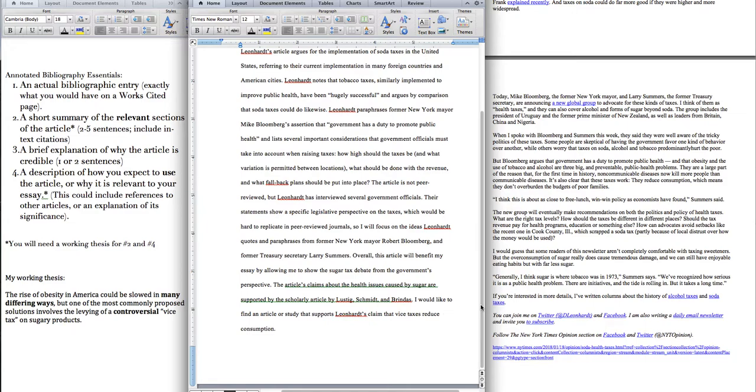So Leonard says somewhere over here that if we tax this, it will eventually lower consumption because people won't be able to afford these sugary things.